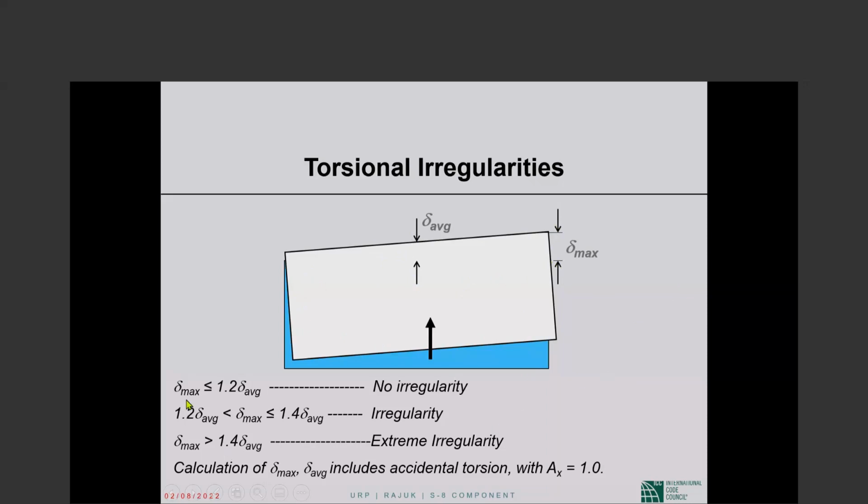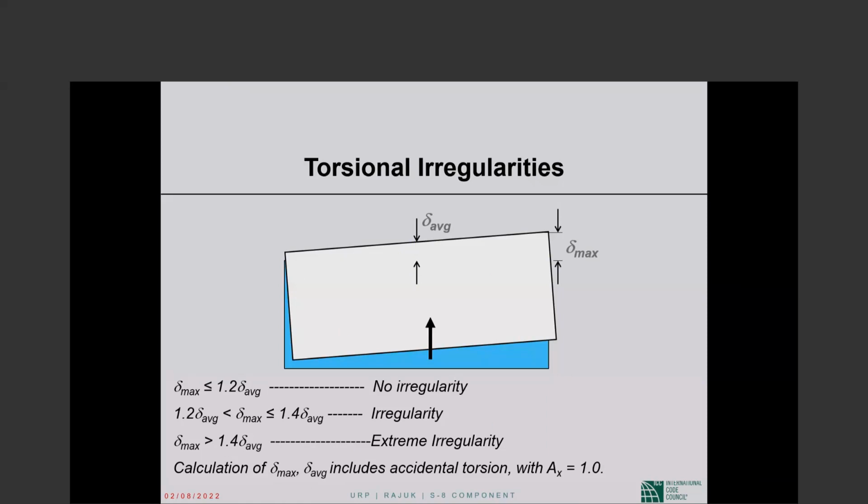If the maximum is less than or equal to 120% of the average, we don't have any torsional irregularity. Okay, it is considered a regular structure. If the maximum is between 120 and 140% of the average displacement, then we have torsional irregularity type 1A.